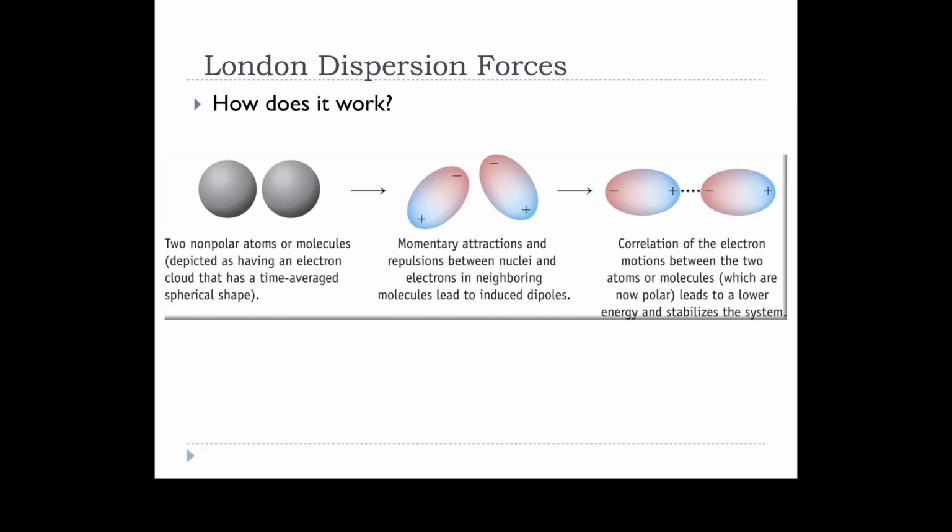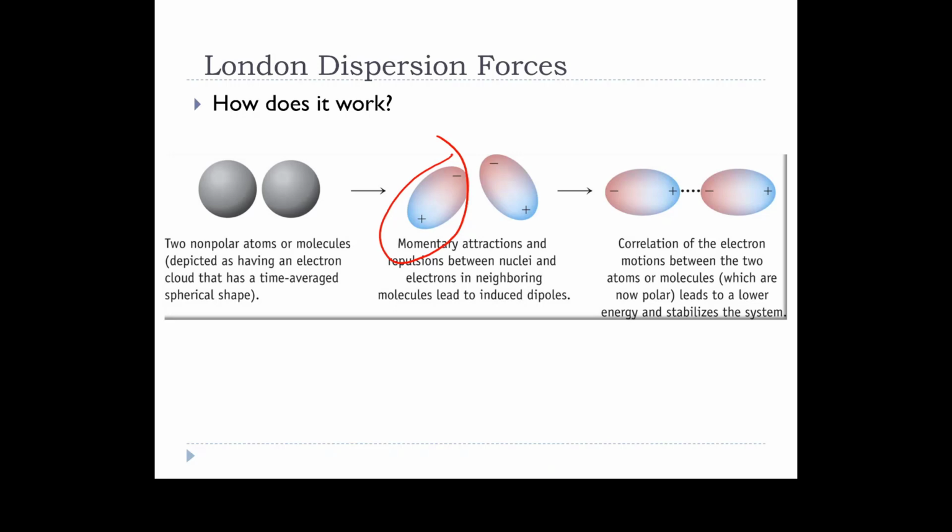But if we were to take a snapshot, we'd see electrons in particular places in those molecules, right? So it's possible to take a snapshot where we have an imbalance in the electron cloud. And so we have a dipole, an instantaneous dipole, we call it. But on average, those things average out, right?